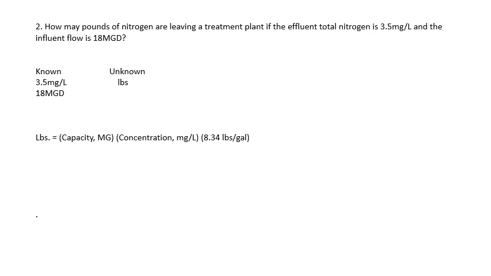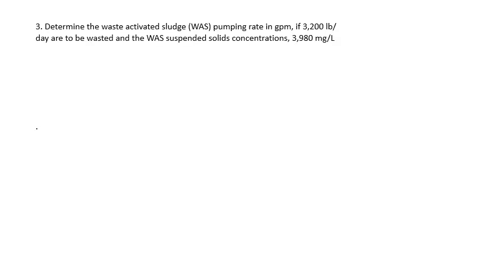Pounds is equal to capacity, million gallons, times concentration, milligrams per liter, times 8.34 pounds per gallon. Plug your numbers in: 18 million gallons times 3.5 milligrams per liter times 8.34 pounds per gallon. And your answer is 525.42 pounds.